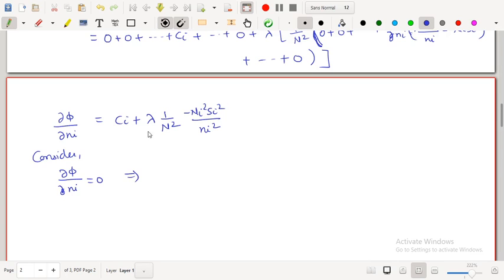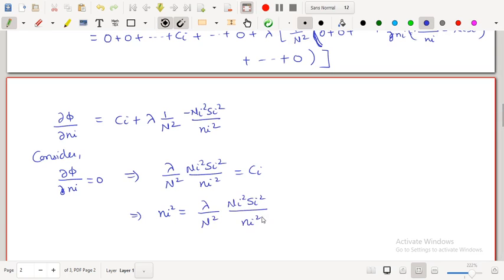This implies, if we equate it equal to 0, then this will be lambda upon n square times ni square si square upon ni square is equal to ci. Send this ni square to this side and ci to this side, so this will be ni square is equal to lambda upon n square times ni square si square upon ci.